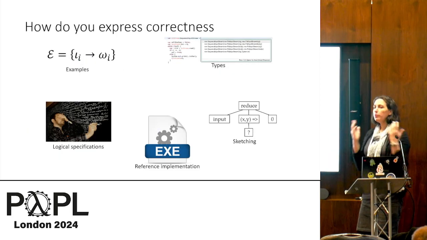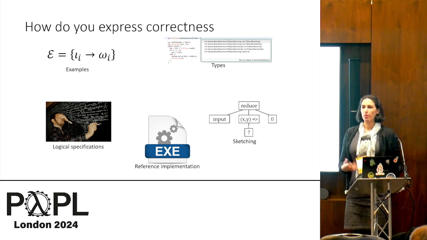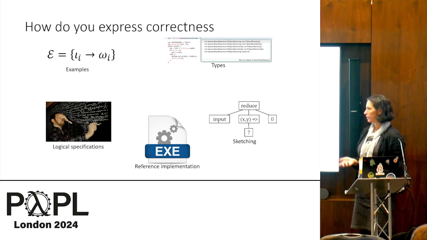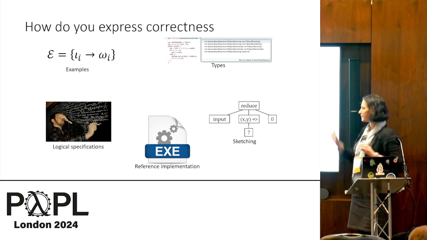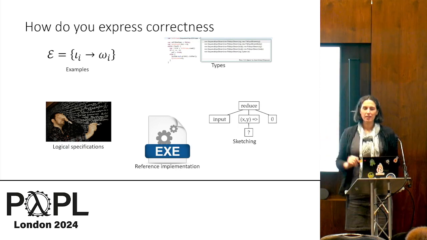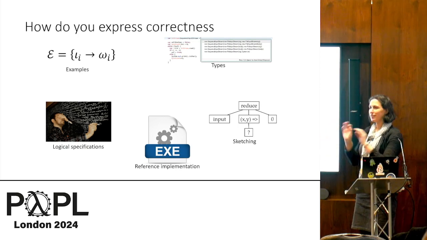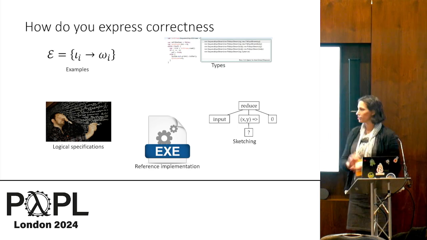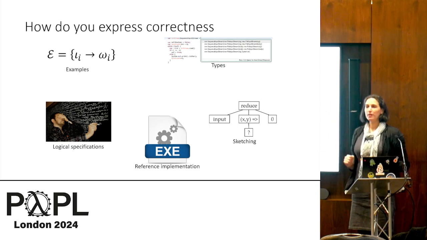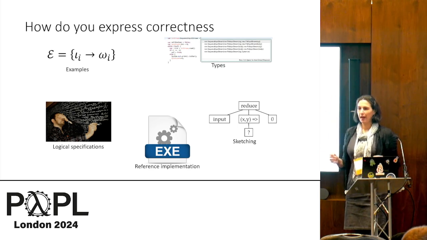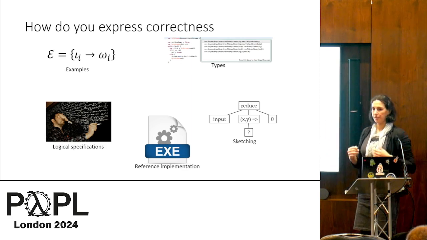So how do we express what is a correct program to a little magic box? There's loads and loads of ways. This is not even a comprehensive list. I tried to touch on the ones that are relevant to the session. A very common one is examples. So I would have a set of input-output examples.